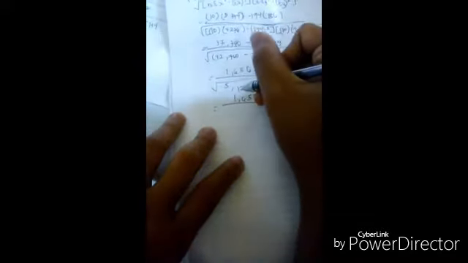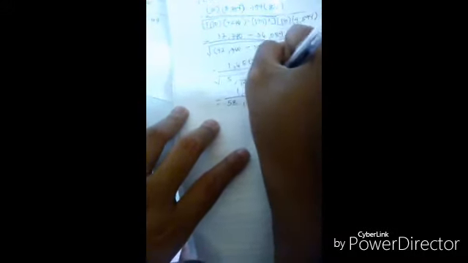Then copy 1,656. Then 5,124 times 11,344 is equal to 58,126,656.